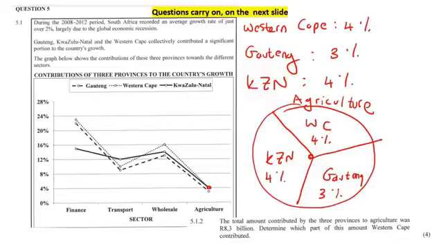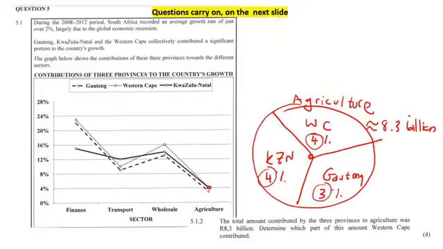We know that the total of all three of those was 8.3 billion. So the way you can think about this is how many parts are there? Well, there's 4 parts, and 3 parts. So we can say 4% plus 3% plus another 4%, and that's going to give us 11%. So that's the total parts.